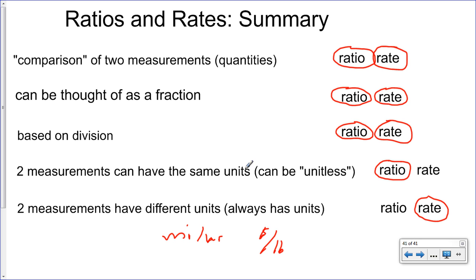A simple ratio can be like 2 girls to 3 boys. Girls and boys cancel out. It's a 2 to 3 ratio, and it's unitless, because girls and boys are both people. You don't need the units there.